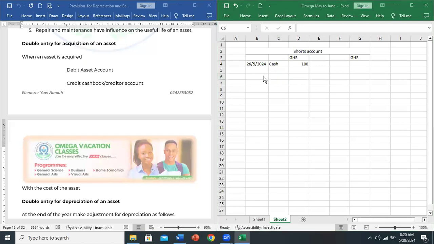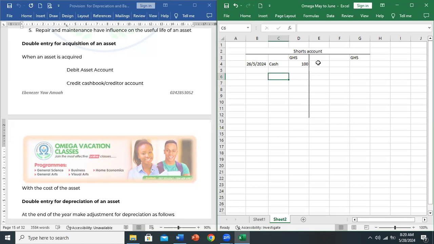If I want to make what I'm saying sensible, then if in the year 2024 nothing happened regarding selling the shorts or buying additional shorts, then we close it and move to the next year, 2025.